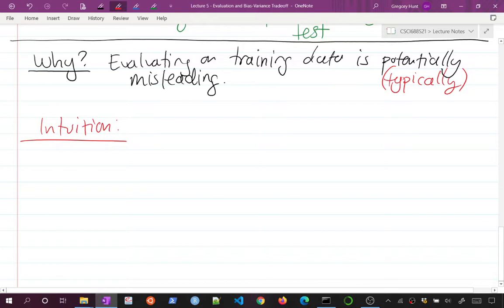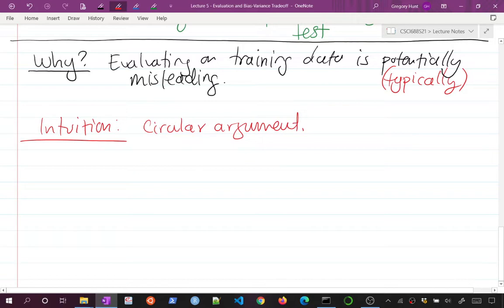The intuition is that it's kind of like a circular argument. You're optimizing f hat to fit the training data, and so it's going to do well on the data you have optimized it to fit, right?